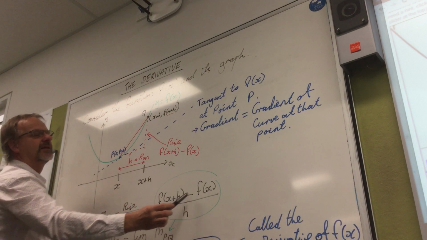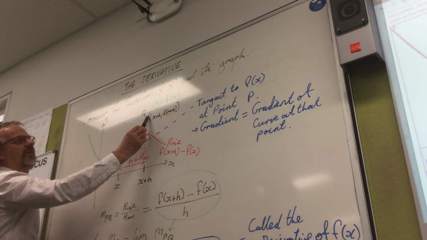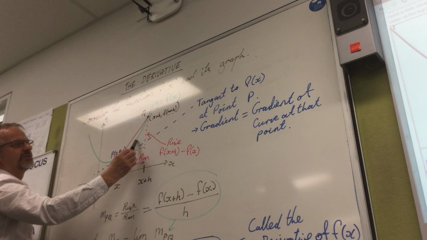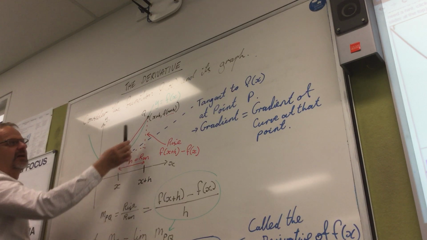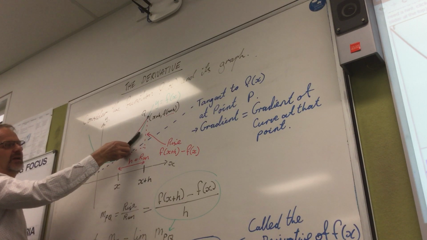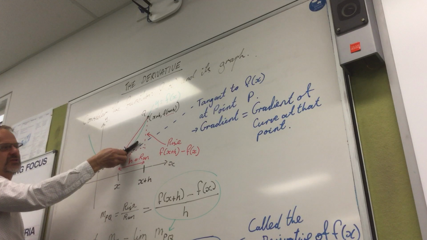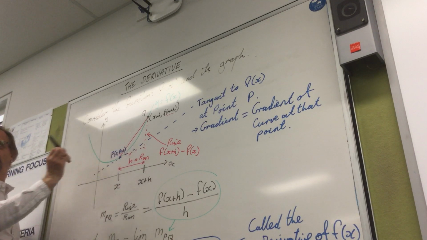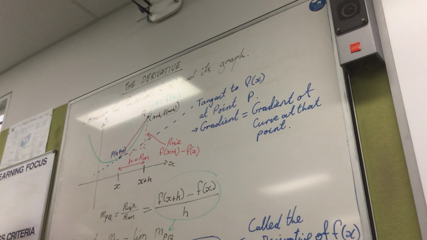When we make this h smaller, that point comes closer and closer, and that gradient of the red line comes closer and closer to the blue. So we're finding the gradient of the red line to then find the blue line.